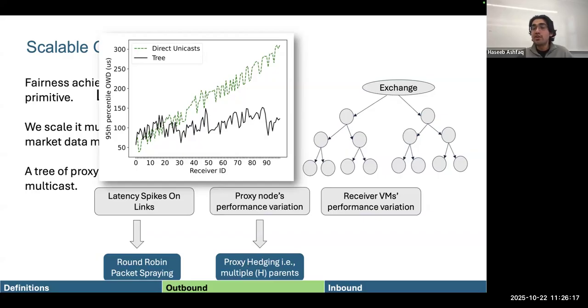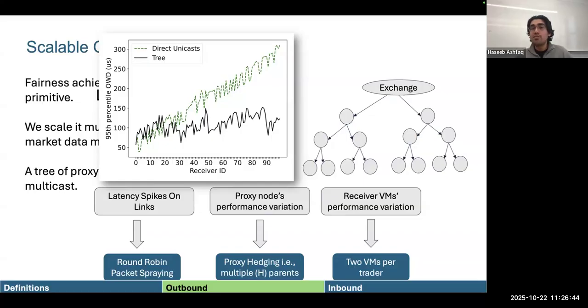And for the receiver VM's performance variation, each trader will have two receiver VMs, each running the same trading algorithm, which is a deterministic state machine, which has the same input and leads to identical output. Now, I will not go into details of each of these techniques, but these techniques help us remove various sources of performance variations in the tree.